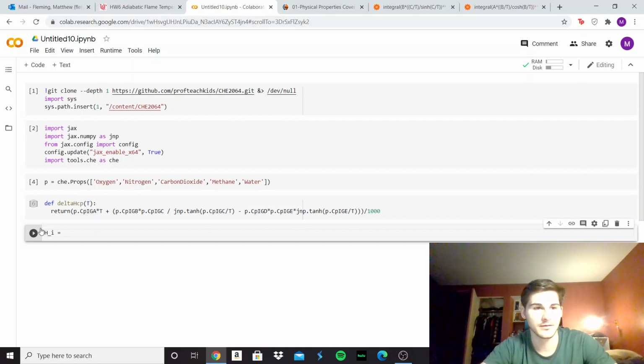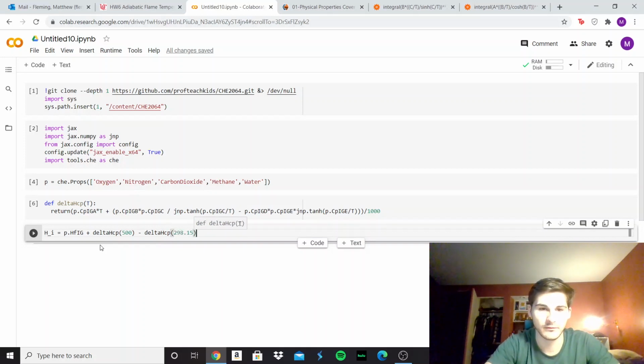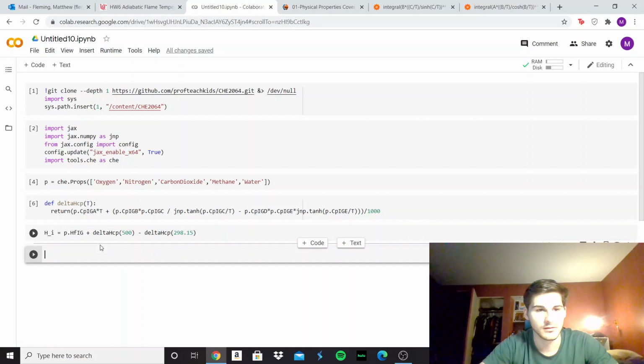And so this function here is going to be equal to the enthalpy of formation of an ideal gas plus the function evaluated at 500 degrees Kelvin minus that function at 298.15 Kelvin. And so this is our enthalpy of the entire system.